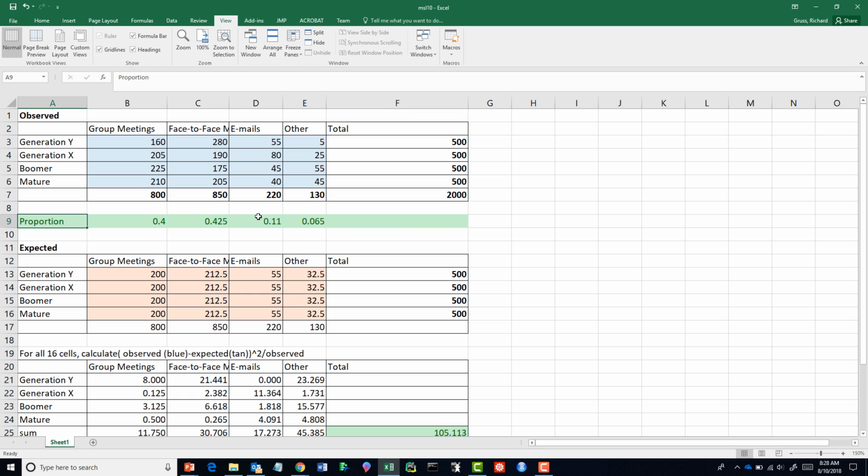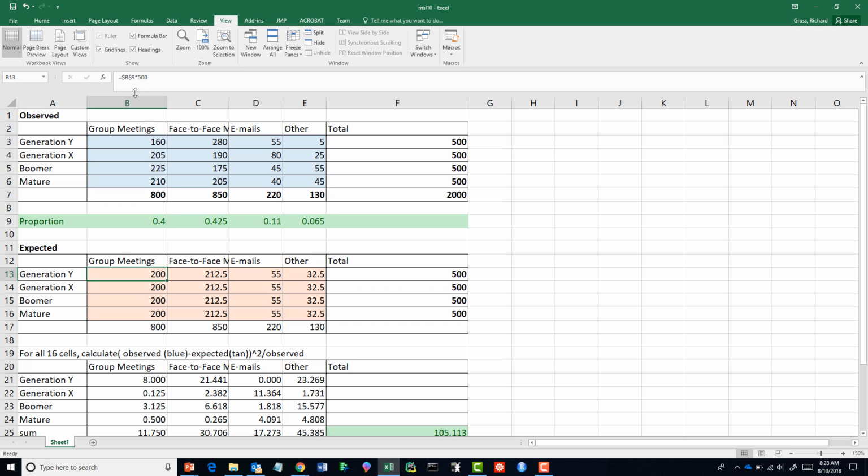Okay, so once I have these, this lets me figure out what would be my expected number. So you see that all of these rows turn out to be the same because in generation Y, there were 500 people, and so if there were no relationship, which is the null hypothesis, if there were no relationship between the generation and the preference, then simply 0.4 of 500 would be in this cell.